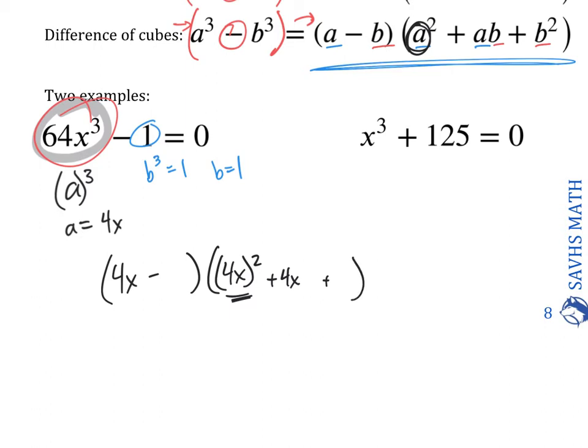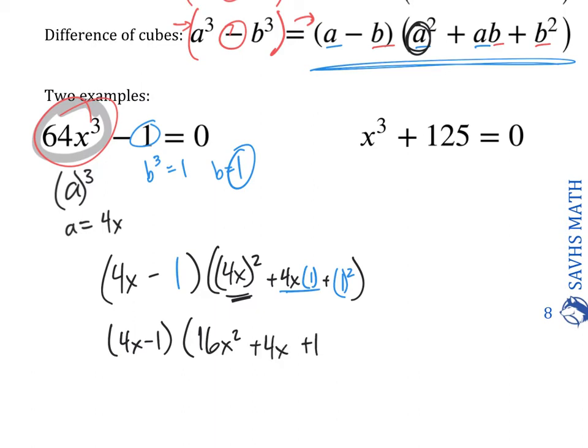Where all of the b's are, I'm going to put 1. 1 squared is still 1. 4x times 1 is still 4x. So I can rewrite this as 4x minus 1 times 16x squared, because 4 squared is 16, and then I get 4x, and then I get 1 here.